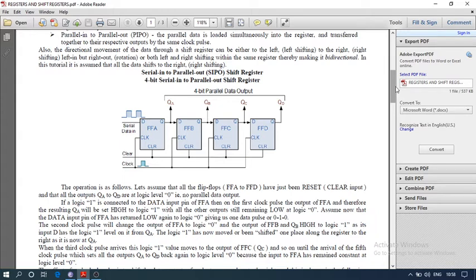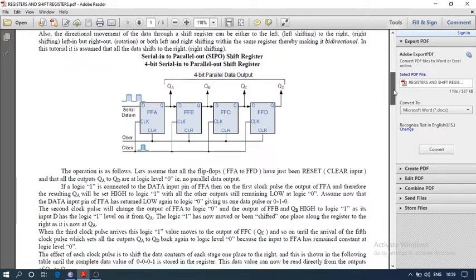In that manner we are taking the data from QA, QB, QC, QD, right? And the data is given only serially, at the D terminal or input terminal of FFA, and it is shown on QA, QB, QC, QD. So here the data is given in serial manner and data is collected in parallel manner. So it is called serial in, parallel out.